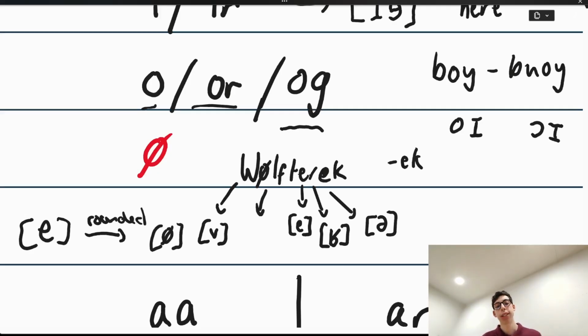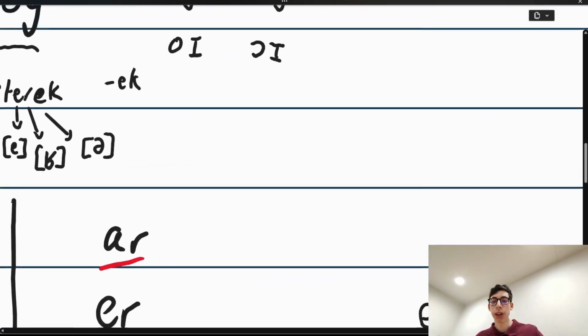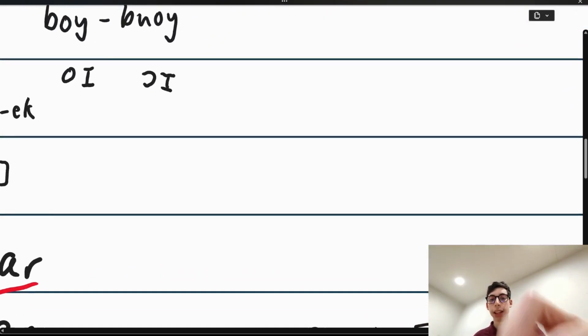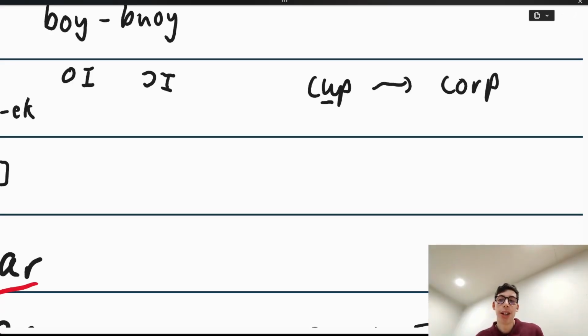If you want to practice using rounding your lips to get the sound, use a combination that we have in English. An example I'm going to give for this is if you take like the in cup, and you round your lips, you get, well, in this situation, you get corp. Now, that's not really a word, because if you have an S, it then becomes core, I suppose, which is a word.